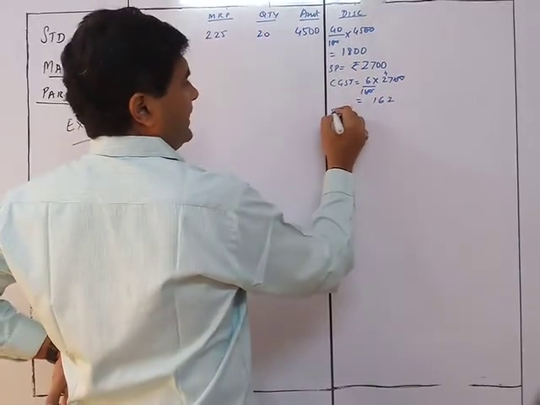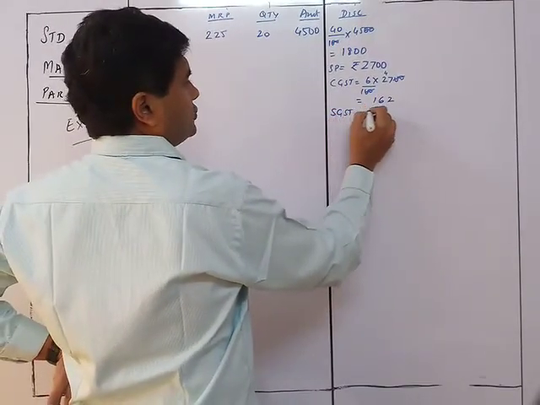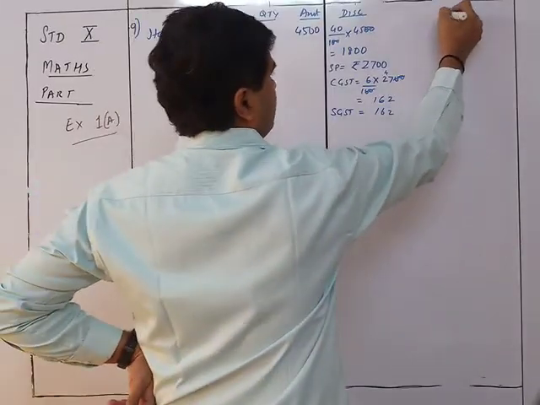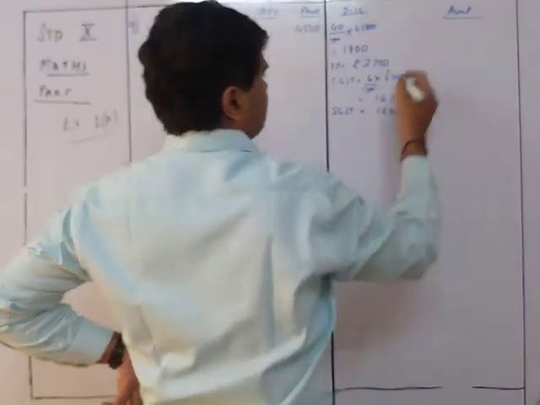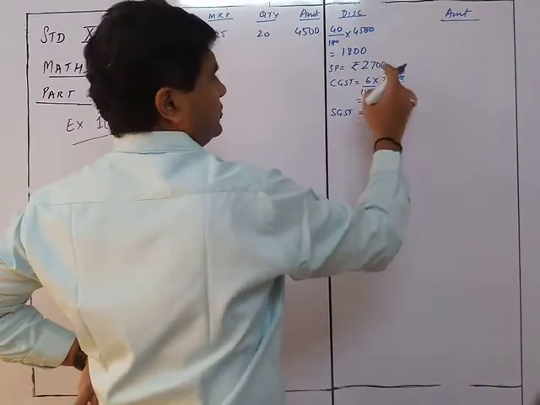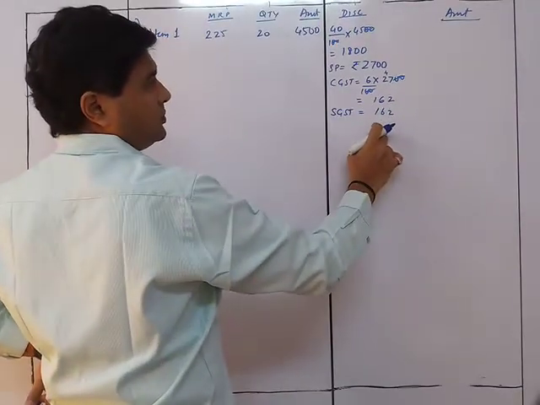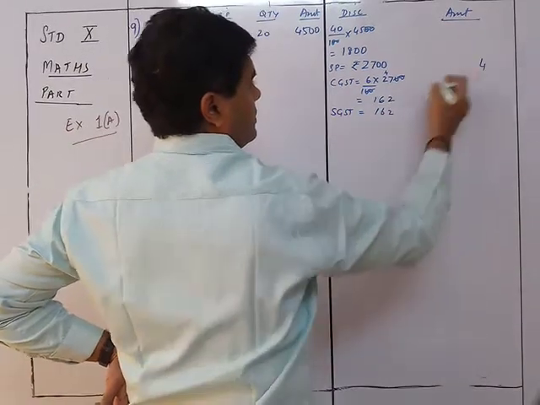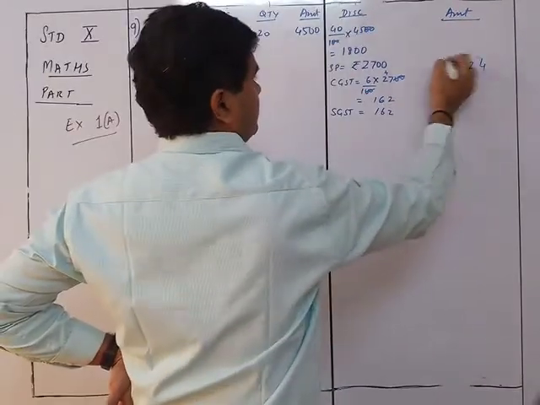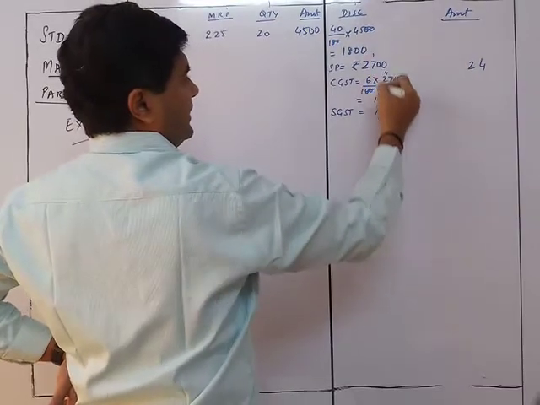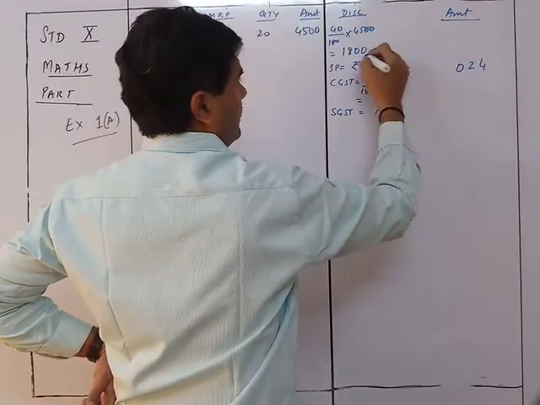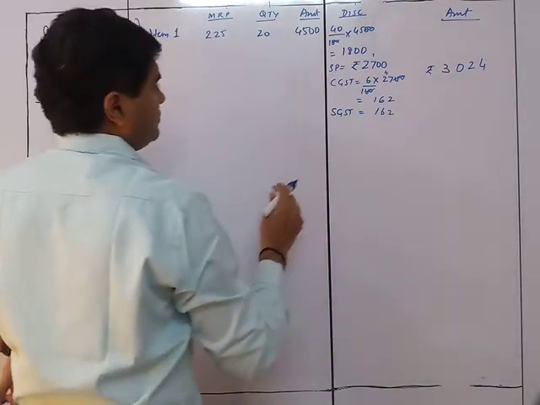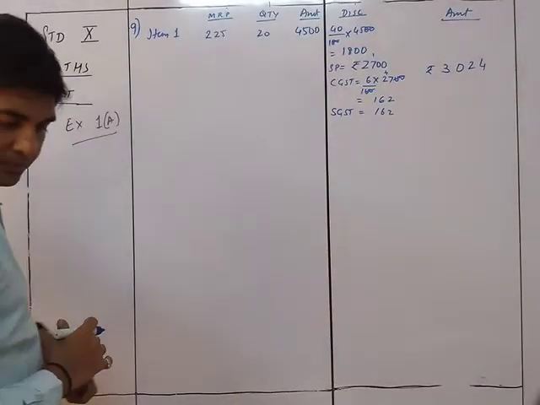Therefore SGST is also rupees 162. So the amount is 2700 plus 162 plus 162, and the total is 3024 for item 1.